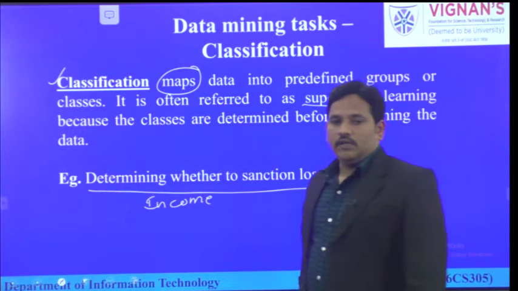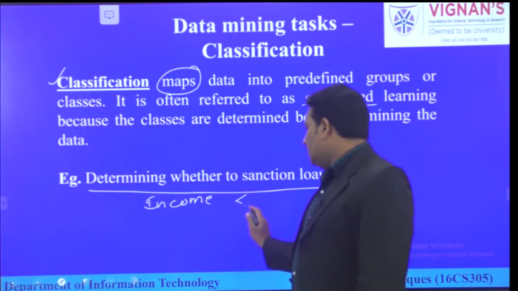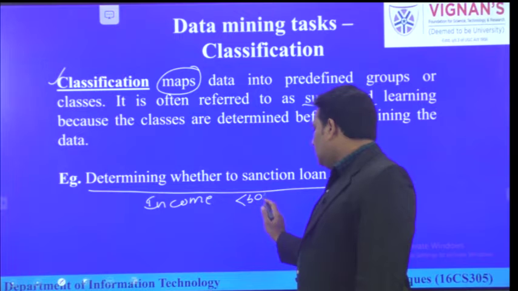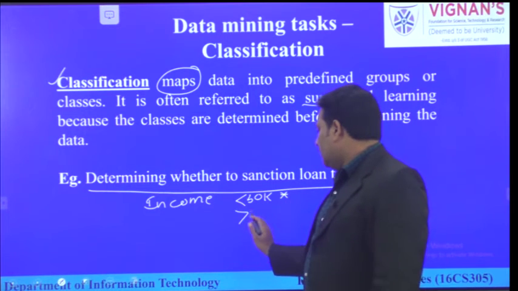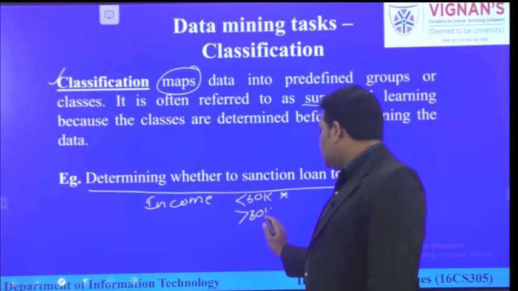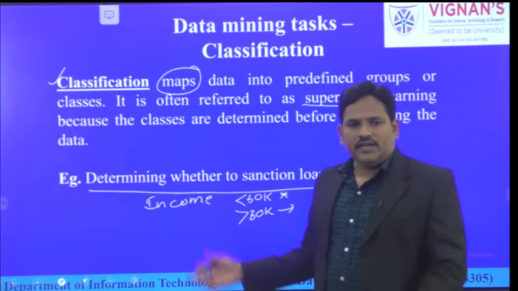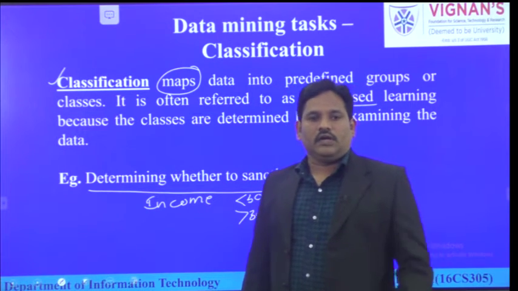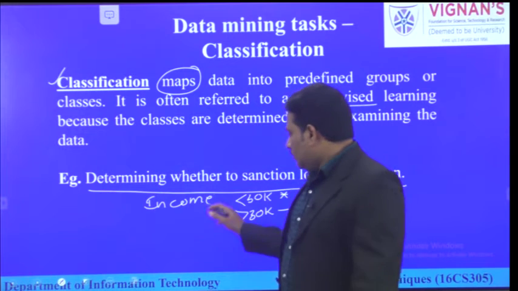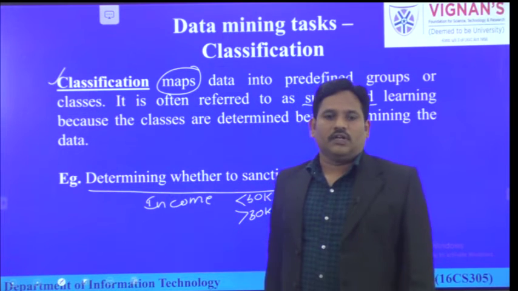Let us take, if a person's salary is less than, like, 30k, they won't issue any loan. If salary is greater than 30k, they may issue a loan. So here the predefined value is there. By seeing the employee or customer salary, they can say whether the loan is going to be sanctioned or not.